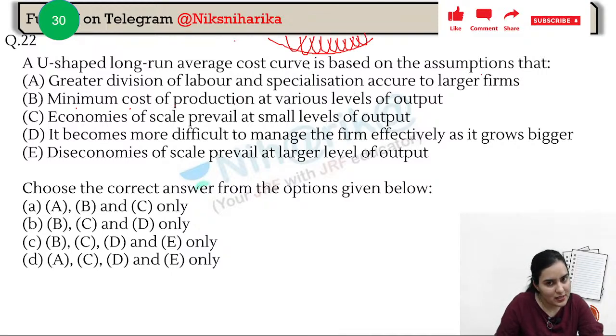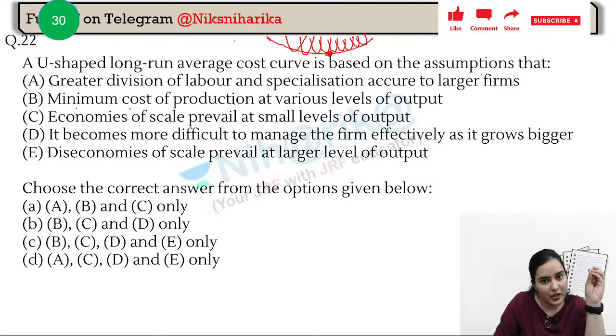Is it possible that at various levels of output we will have minimum cost of production, or only at one point, at the lowest point of the LAC curve, where the minimum point of LAC and the minimum point of SAC are meeting? Only at that point we have the minimum cost of production. Other than that, the cost was inflated.